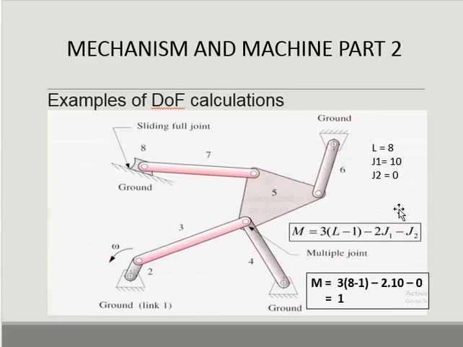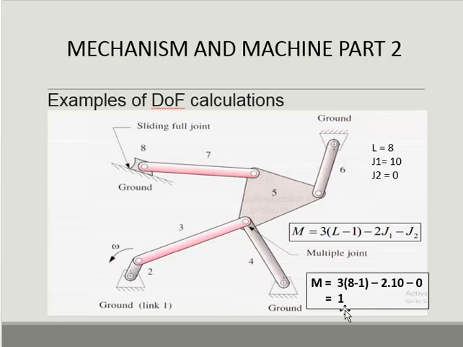Now you can calculate the mobility with this equation. M equals 3 multiply L minus 1, minus 2 J1, minus J2. So M equals 3 multiply 8 minus 1, minus 2 multiply 10, minus 0.